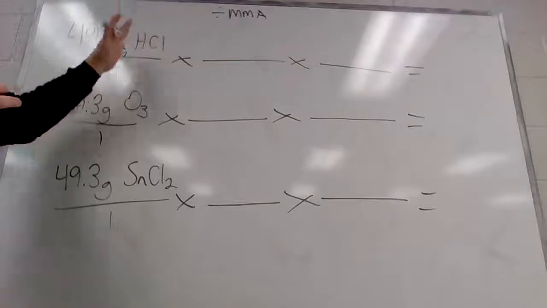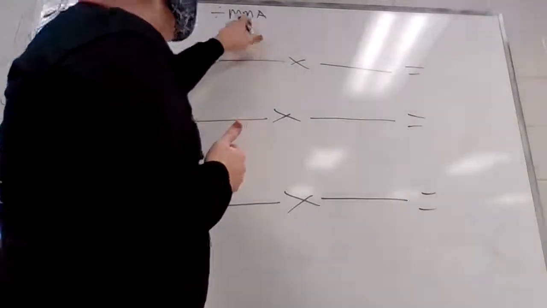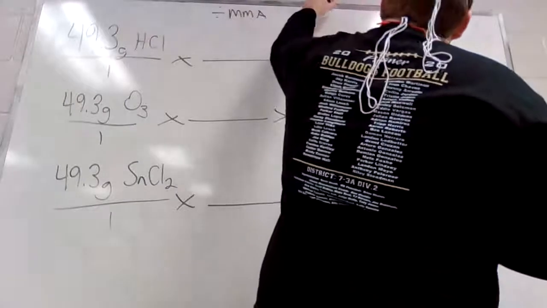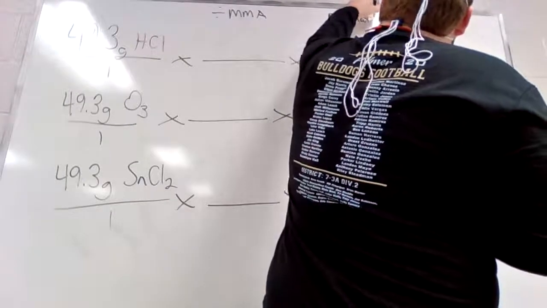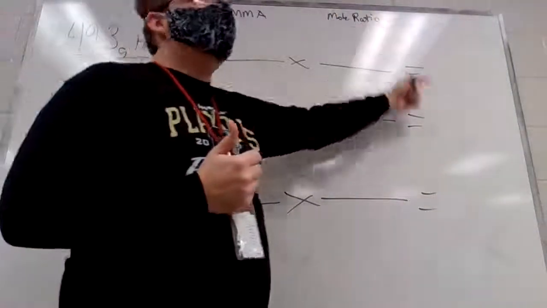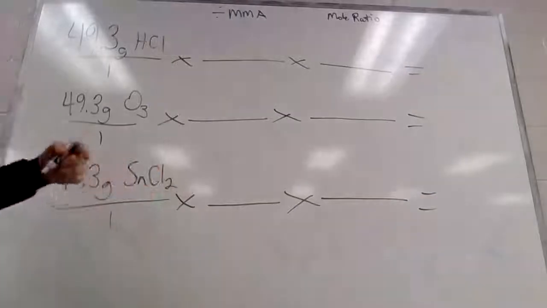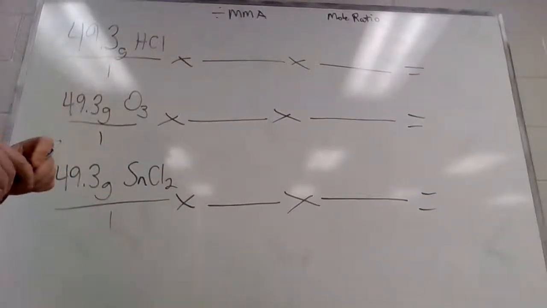I see that I'm going from grams to moles, and I follow those arrows, and that first arrow is divide by the molar mass for A. The second arrow is going to be the mole ratio. And I don't have to get to grams because I can compare my moles of that chemical the same way that I would compare the grams. So it's going to work out fine if I just stop at moles.